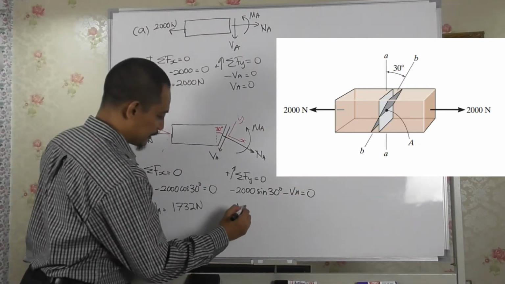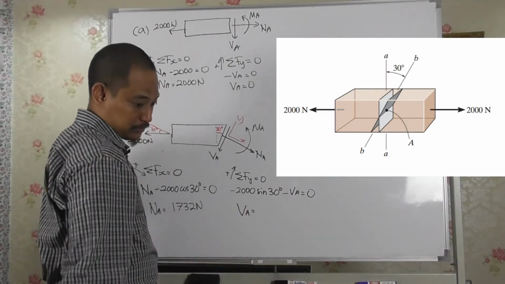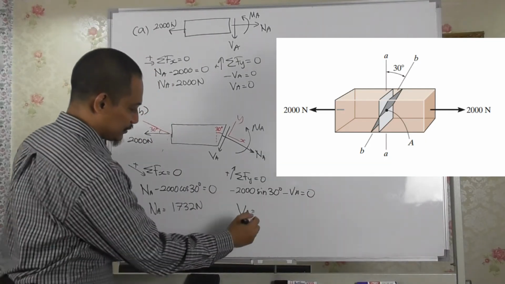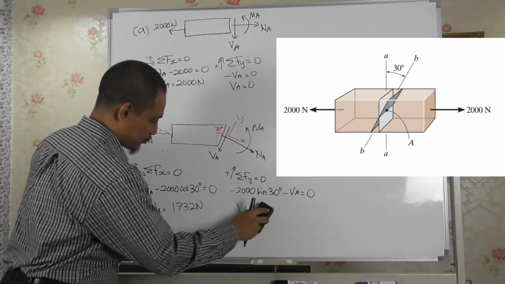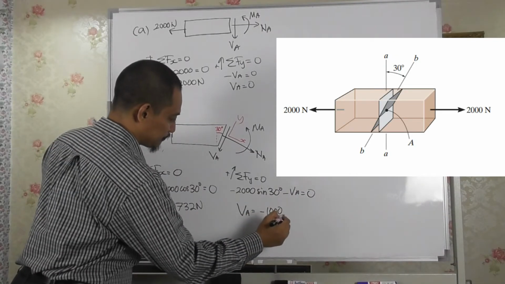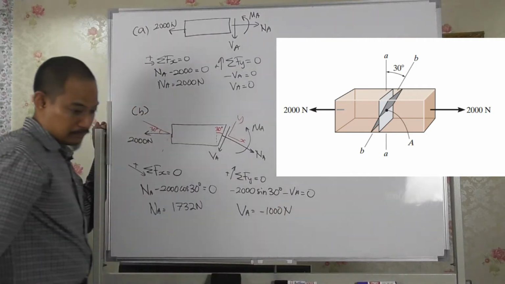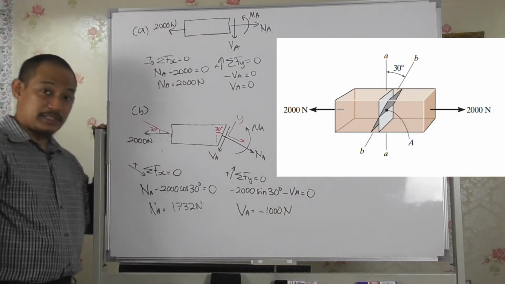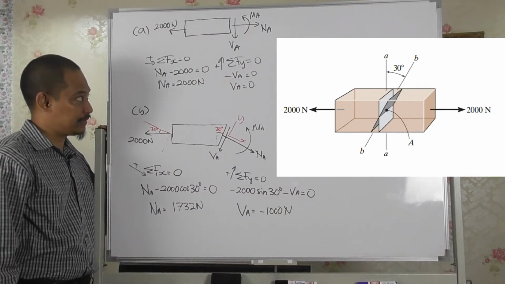So VA will be negative value of 2000 sine 30, which is negative 1000 Newton, and that would be the answer.